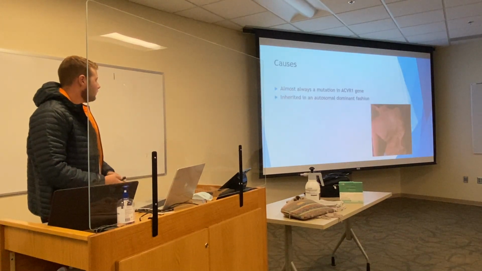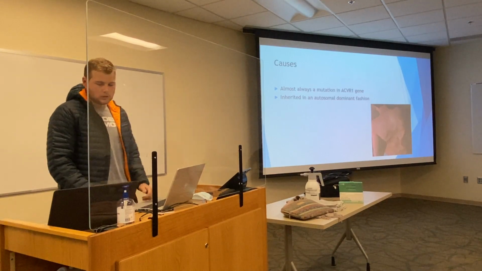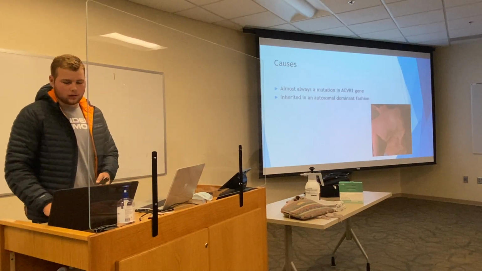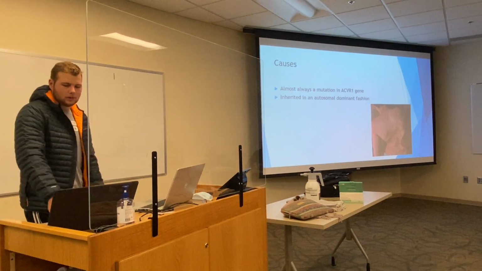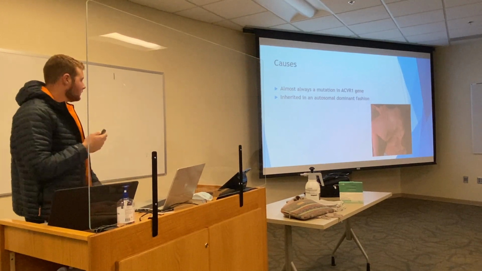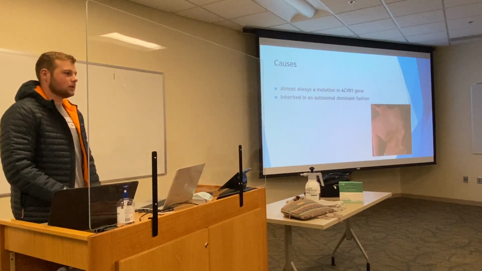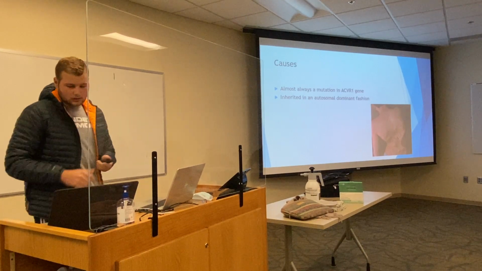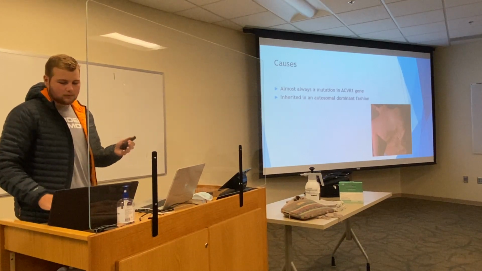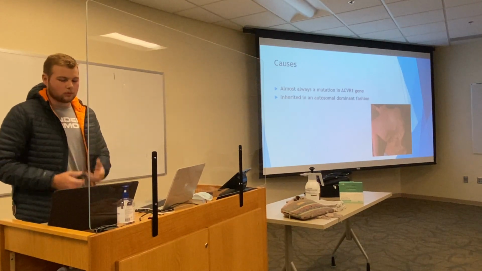Some causes, so it's almost always going to be a mutation in the ACVR1 gene. This gene is what's responsible for growth and development of muscles and bones. It's going to be inherited in an autosomal dominant fashion. So basically what this means is one copy of a mutated gene and one copy of a normal gene in a pair of autosomal chromosomes.